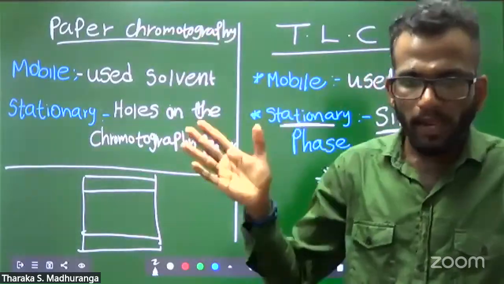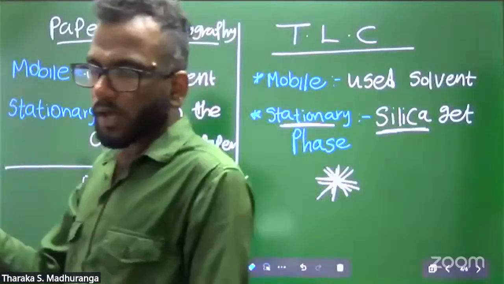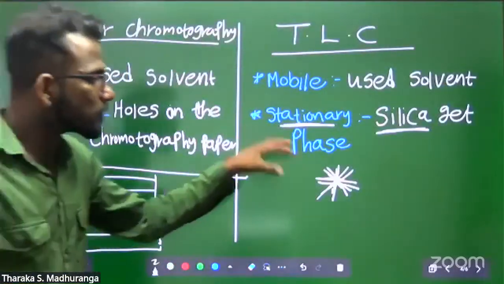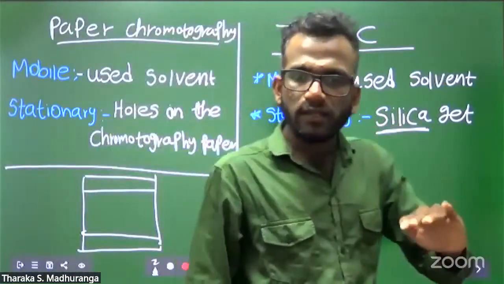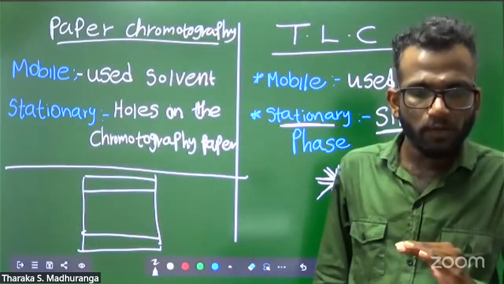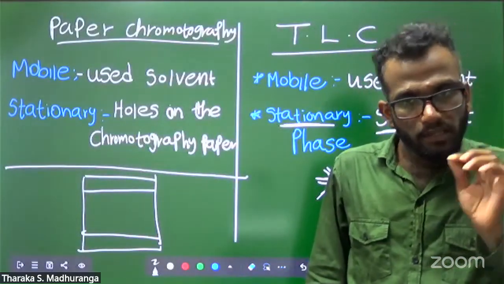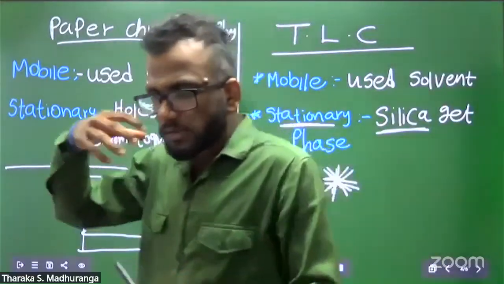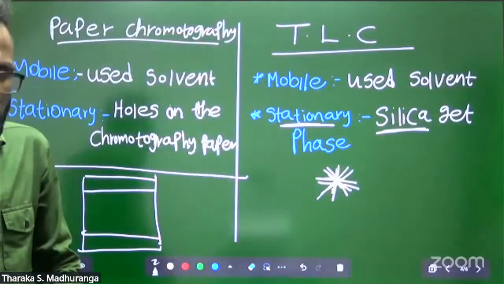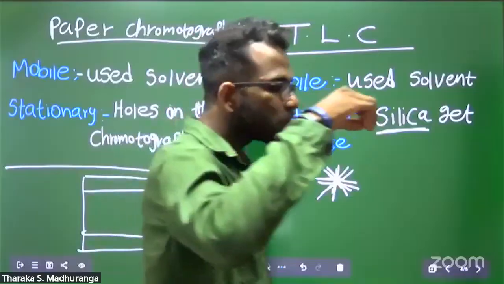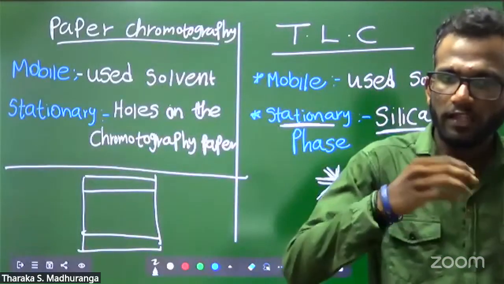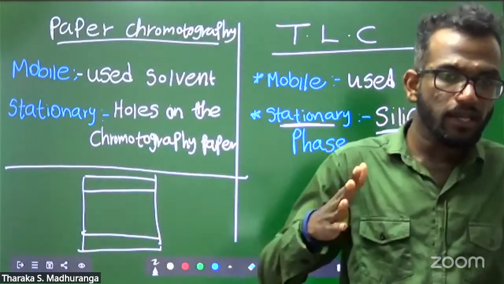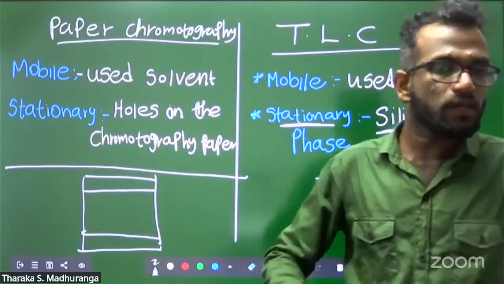If any question comes asking you to compare thin layer chromatography and paper chromatography, you can mention that in thin layer chromatography, through this silica gel layer, it is easy to transfer compounds more than through the holes on the chromatography paper.